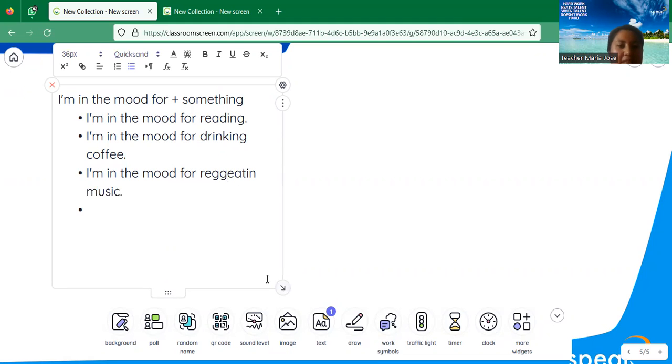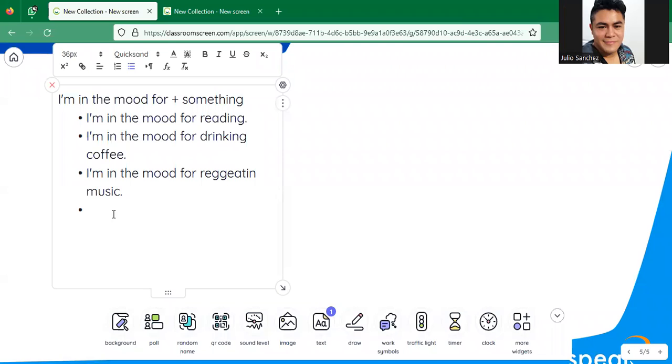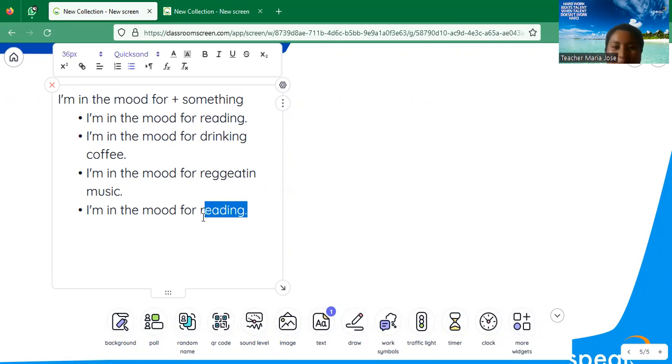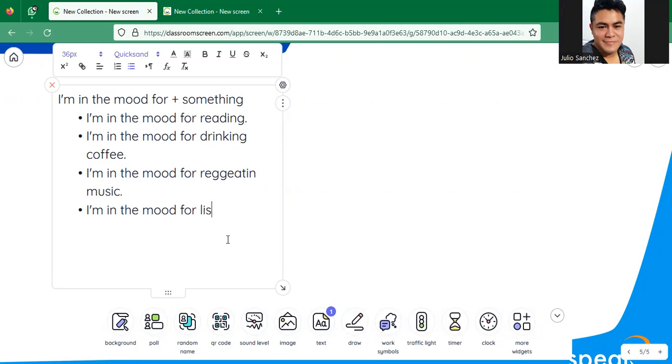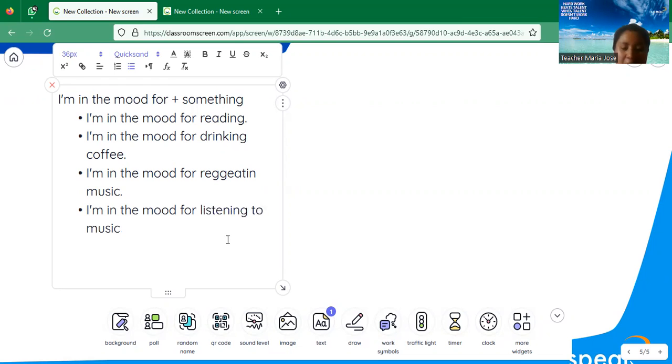You want to dance right now. Yeah. Okay. Julia? I'm in the mood for listening music, but not reggaeton music. Okay. What do you want to listen? Rock? Okay. Sounds good.